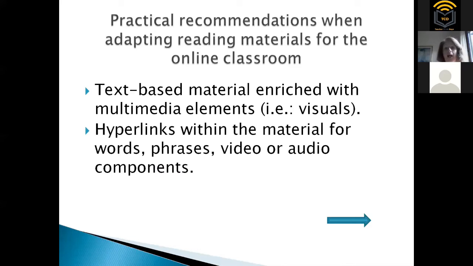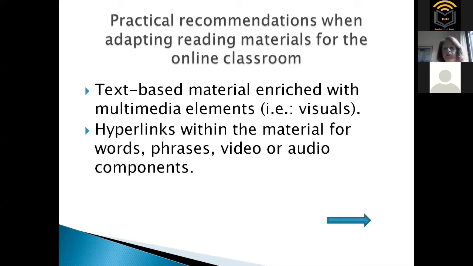Now, hyperlinks, very important, and this is something that can actually help us a lot. You've got the reading, okay, you can actually add a hyperlink, for example, for a word that you believe is not known to your students, and this hyperlink can actually take them to a dictionary entry that will show them the meaning, synonyms, examples.